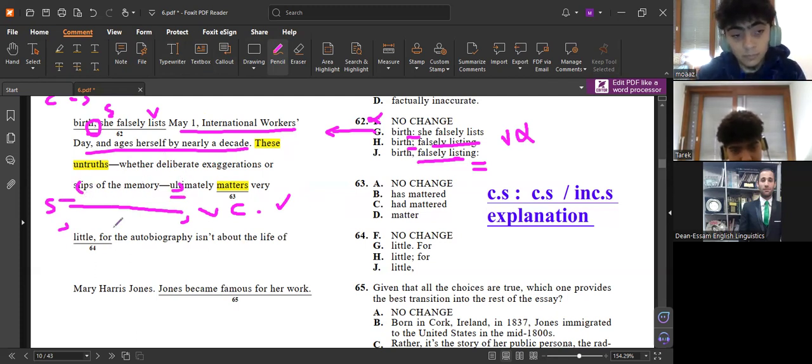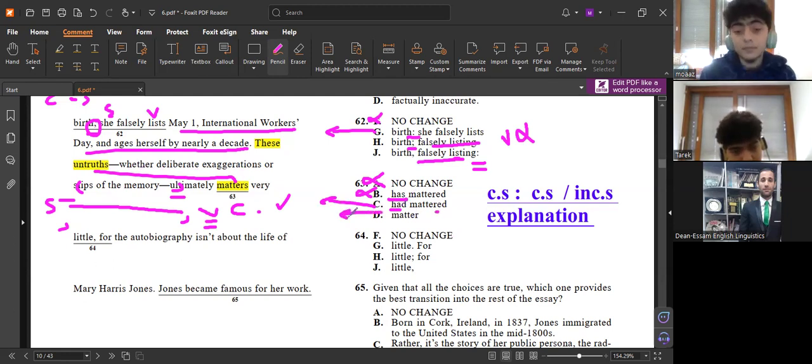Between them, delete. So this subject must agree with this verb. As you know, subject and verb agree. So this is plural, and this one must be plural. So A is wrong. Has is singular, wrong. Had is past, it can be. And had plus past participle, it can be. So letter D can be, but letter D is present. Letter C is past.